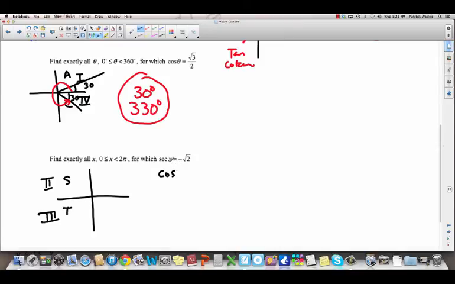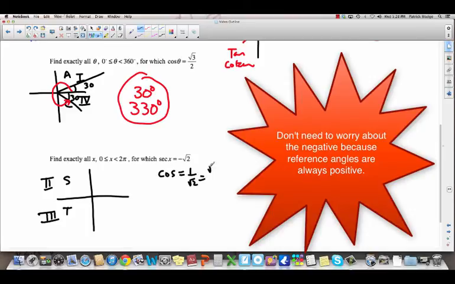Now, the other thing we need to figure out then is when is it that secant x equals -√2? Well, I'm not very good with secant, so I'm going to think of the reciprocal of that. I want to know when does cosine equal 1/√2, which is the same as √2/2, right? If I rationalize the denominator. Oh, I know that one.